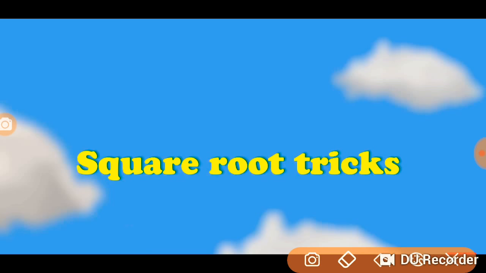Find the square root of 1089. So how will we do this? If we divide it by 11, we get 99. Again we divide by 11, then 9.